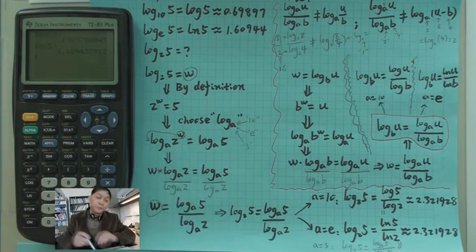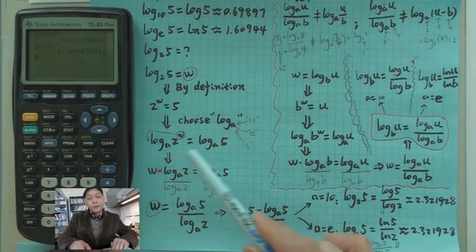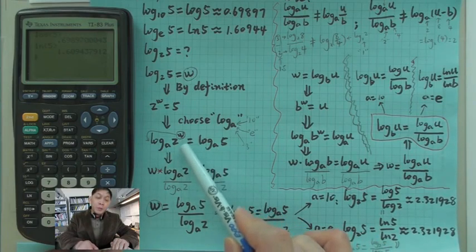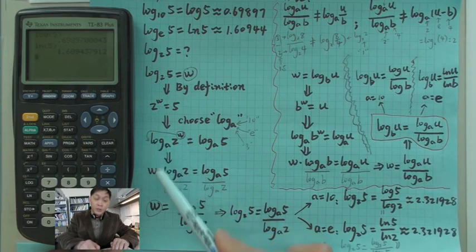Choose logarithm on both sides, and then remember, by the property of the logarithm, the exponent on 2 can be brought down to the front.